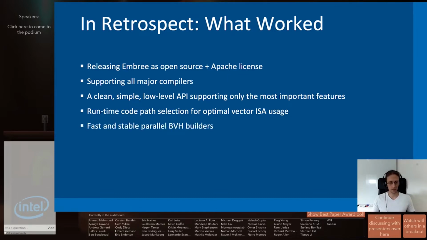Fast and stable parallel BVH builders. Quite a few folks weren't really interested in fast traversal, but they really liked our fast and stable parallel BVH builders, because to get them right or to implement them on their own, they would have to invest a huge effort. So they were really glad that we provided an API to use them.